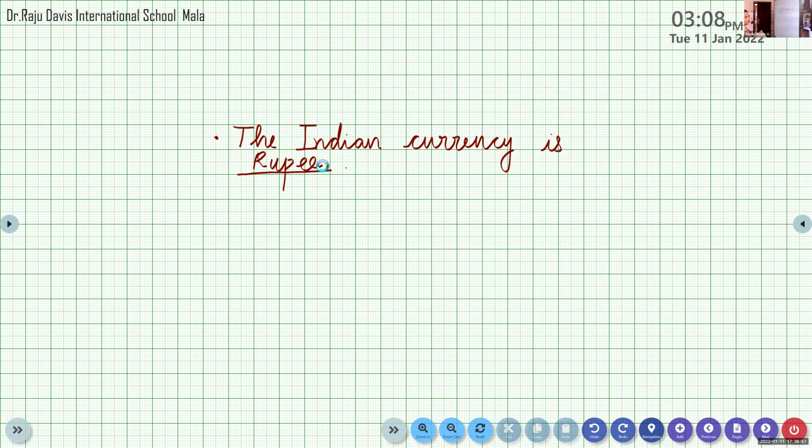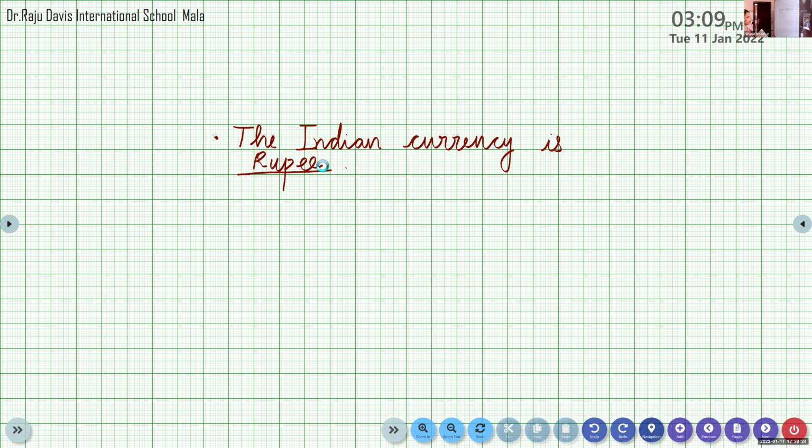The Indian. I-N-D-I-A-N. The Indian currency. C-U-R-R-E-N-C-Y. The Indian currency is rupee. R-U-P-E-E. I have completed, sir.